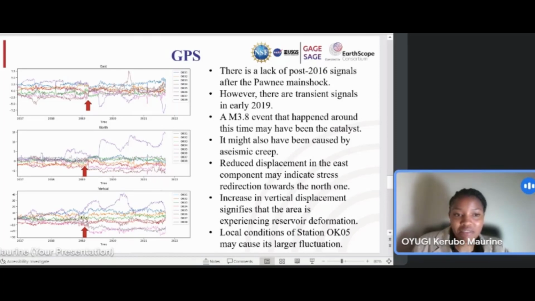An increase in the vertical displacement after 2019 may also signify that the area is experiencing reservoir-related deformation. One station is an outlier in that it has large fluctuations in all the components, and this may be caused by local conditions.